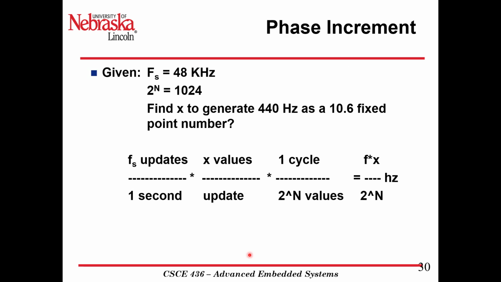So, given our sampling is 48 kilohertz, which is our audio codec, and we're going to have 2^n, 1024 values in our VRAM, which is a good value to have. You want to have as many samples as you possibly can. We're going to use 1024.